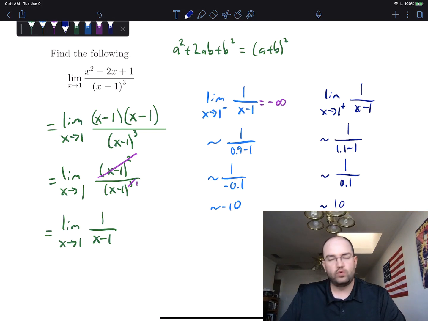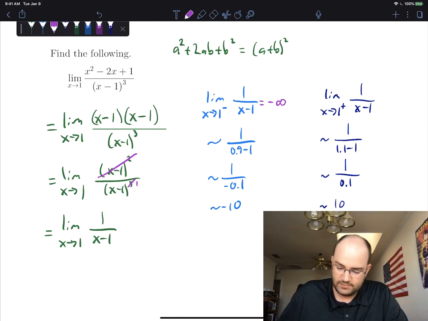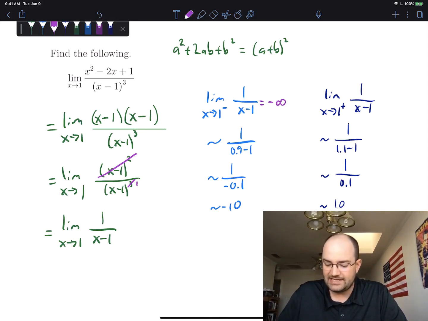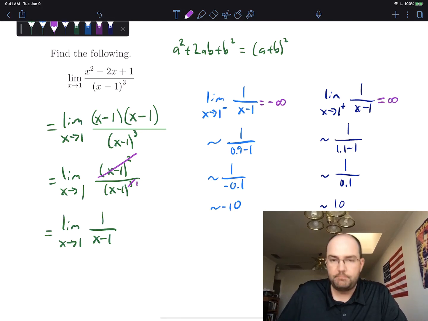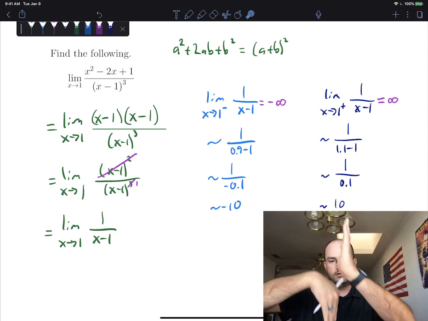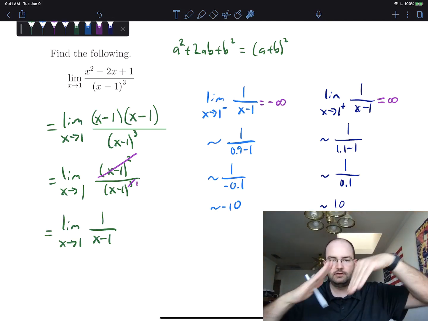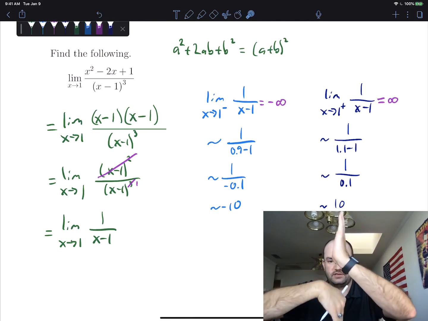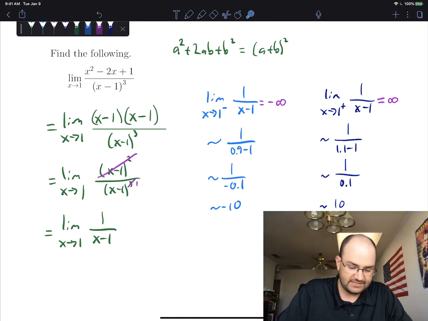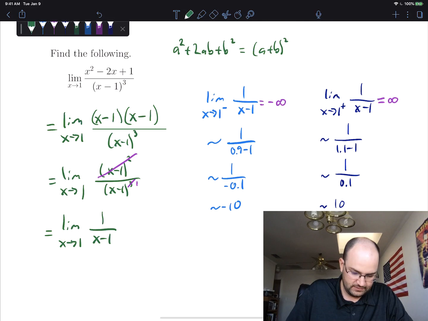But notice that if we made that 1.01, that would have been 100, and then 1.001 would have been 1,000, and so on and so forth. So that's telling me that the limit as x approaches 1 from the right-hand side of 1 over x minus 1 is going to give you positive infinity. Notice that negative infinity is not the same thing as positive infinity. In other words, it's going in opposite directions. And so that's telling me that this simply does not exist, DNE.